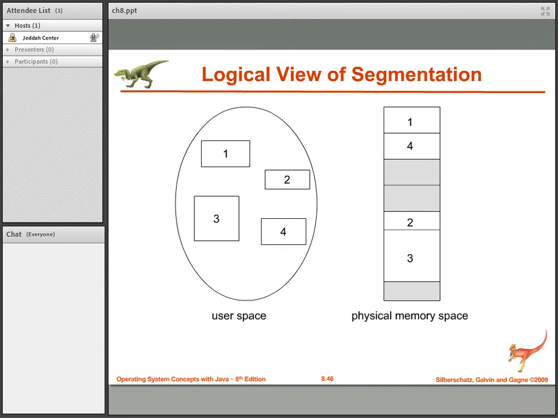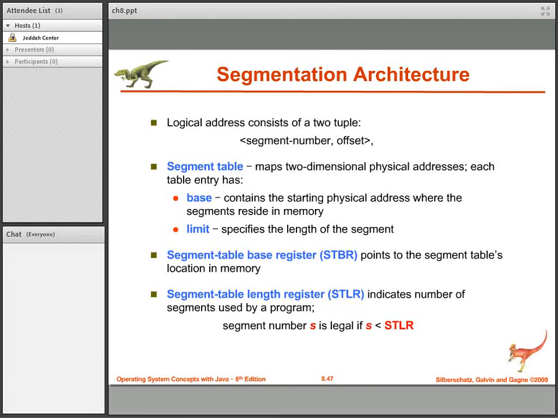And for each segment we have a certain location in the physical memory. The architecture for segmentation is as follows. The logical address consists of a two-tuple, the segment number and the offset.